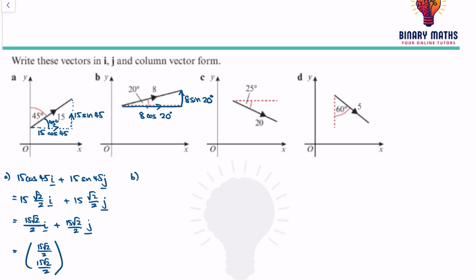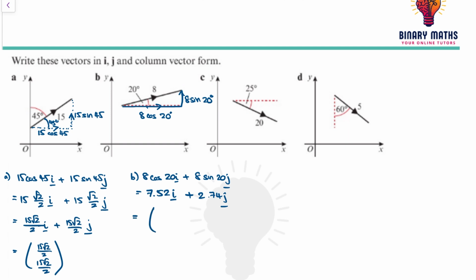So my i component, the horizontal component, is 8 cos 20 i plus 8 sine 20 j. Now if I put this into my calculator, 8 cos 20 is 7.52 i, rounded to 2 decimal places, and 8 sine 20 is 2.74 j.